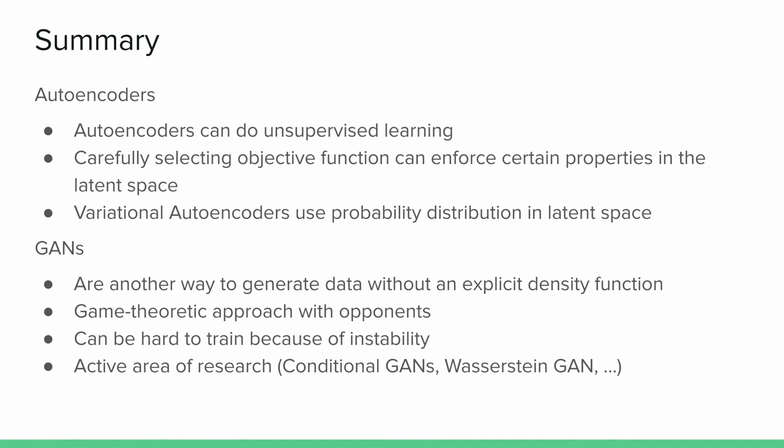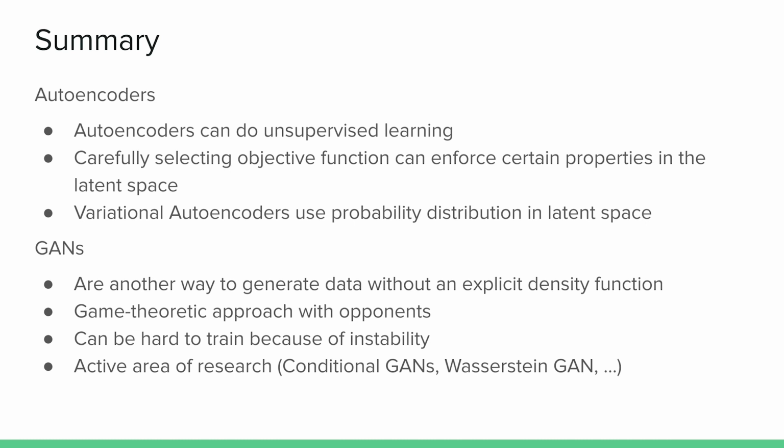Summing up our lecture today, autoencoders can do unsupervised learning, which is cool because we need less annotated data, which is always tedious to obtain, and usually it's much easier to gather a large data set that is not annotated than having to manually annotate it.